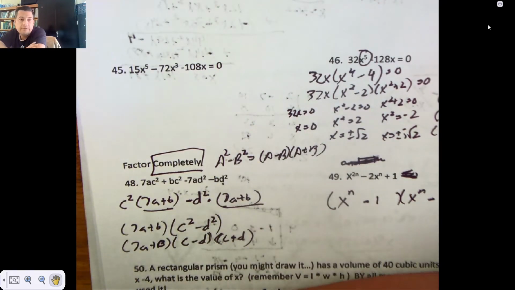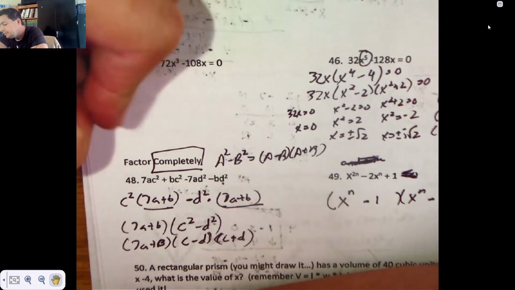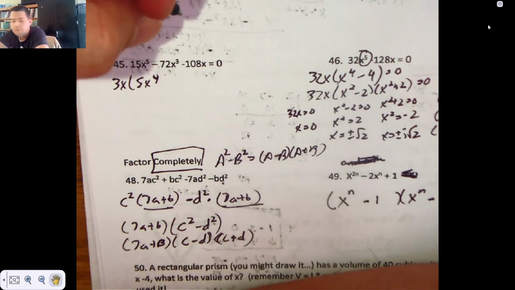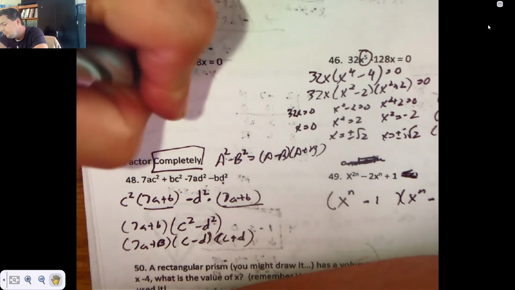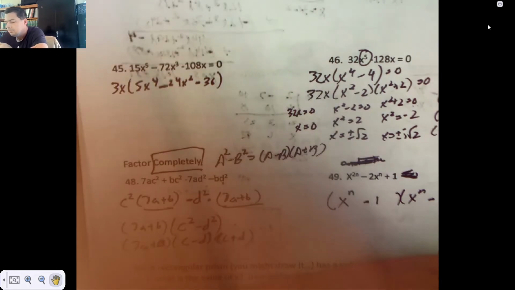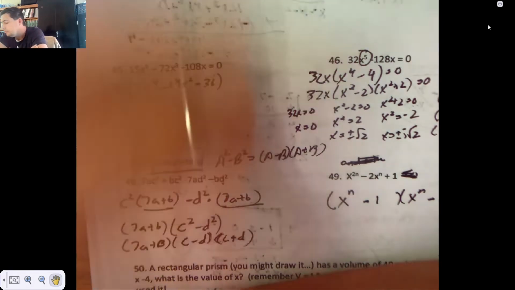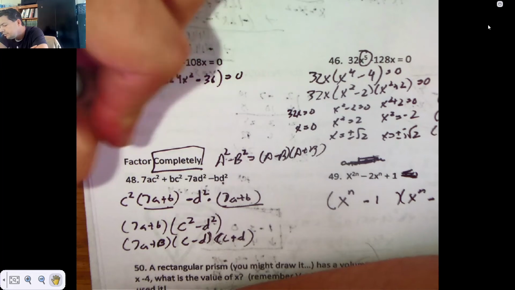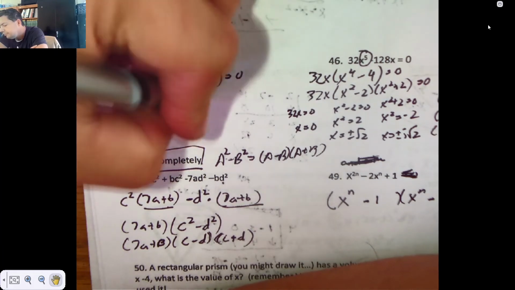45. 45 looks to me like everything's divisible by something, probably a 3. Seems like it's 3 and an x. What is it? 3 times what? 24 is 72? 36. So there's that. Assuming I did everything correctly. I feel like I did. Thank the heavens, there's only one way to make a 5x to the fourth.